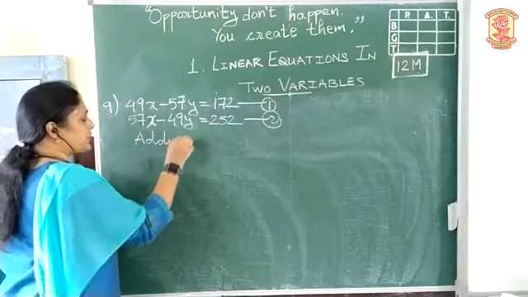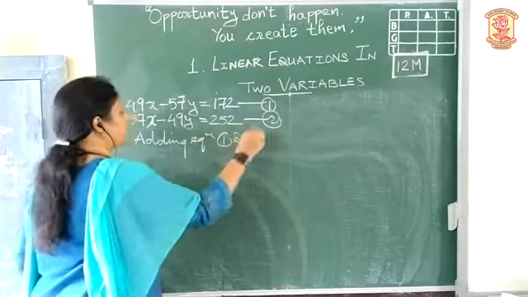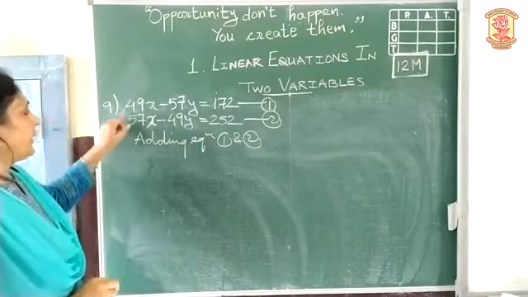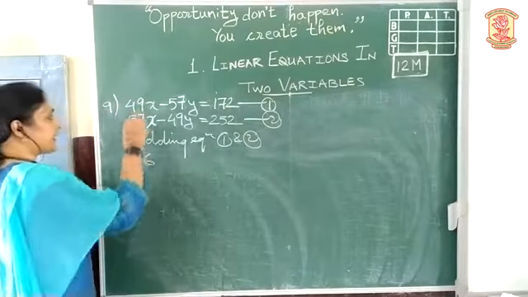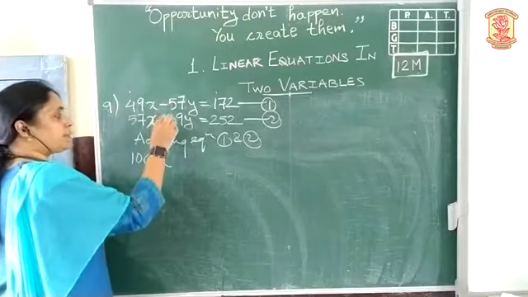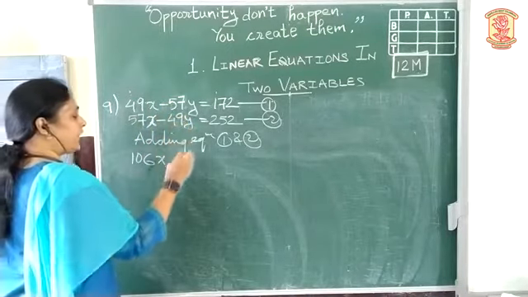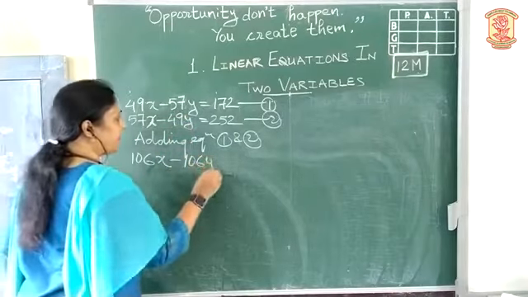So adding equations 1 and 2. So 49 plus 57, 9 plus 7, that is 16, and that is 106x minus, plus 57 plus 49, that is again 106, but bigger number sign is minus y.